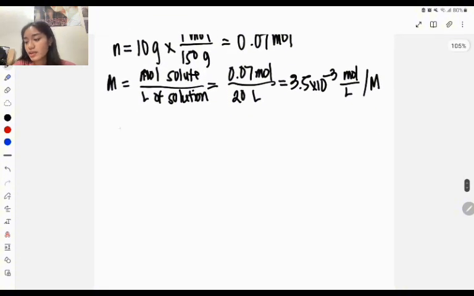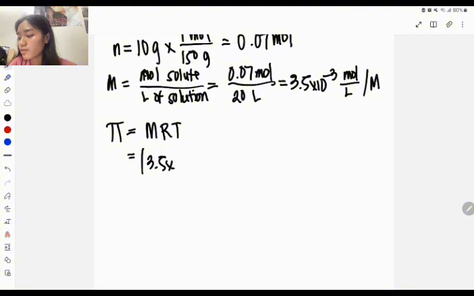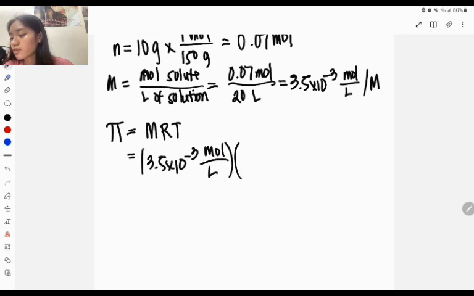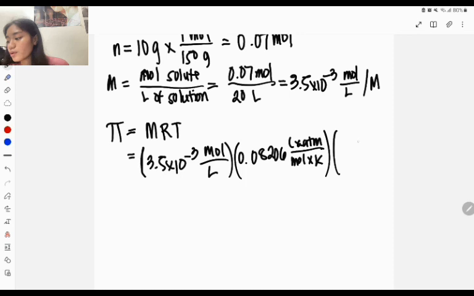Now we can substitute it in the formula. 3.5 times 10 to the power of negative 3 mole over liter multiplied by the gas constant and the temperature, which is 298.15 Kelvin.